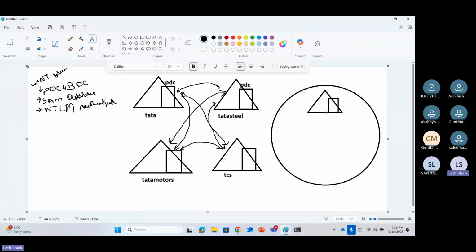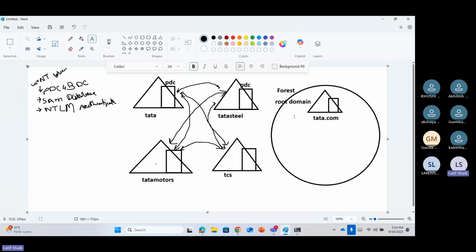The first domain I created is named something like Tata.com. A hierarchical structure is there, and this first one is called the root domain. When you create the first domain, the root domain, you have already created a forest.